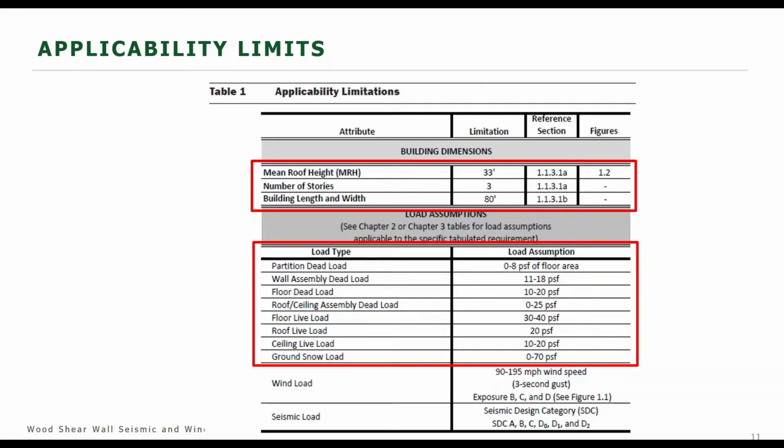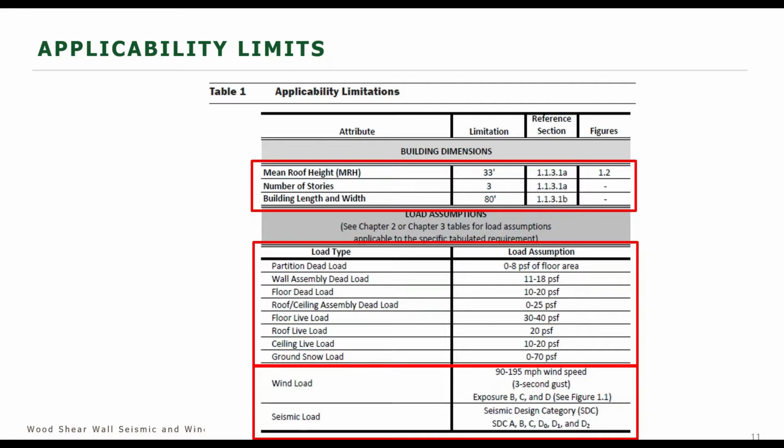It is used for floor live loads of 30 to 40 PSF, which are very typical of residential loads. The snow loads can be accommodated up to 70 pounds per square foot as well. For lateral loads, it has provisions for wind loads and seismic loads. For wind loads, it'll accommodate a 3-second gust wind speed up to 195 miles per hour, which will take care of just about anything in the United States.